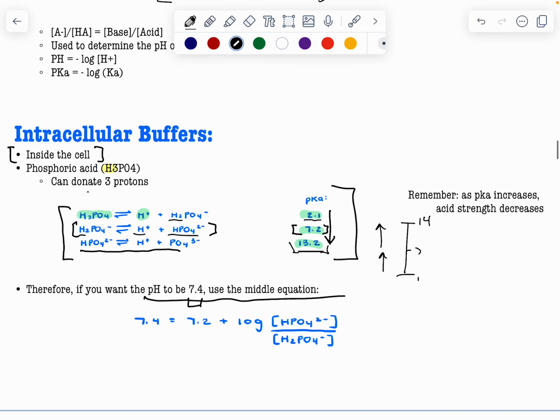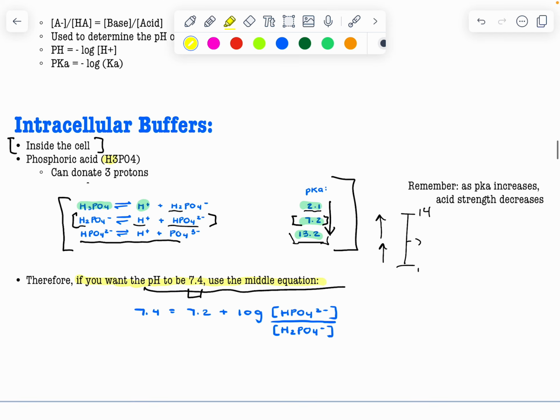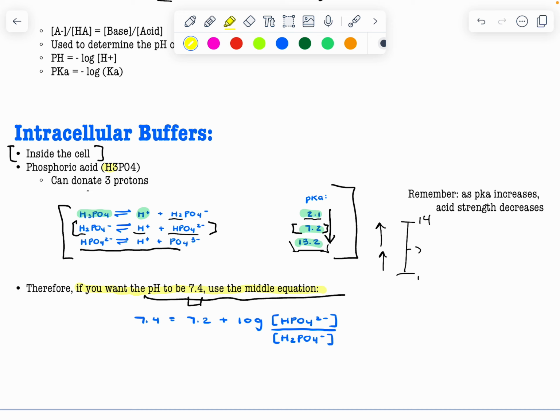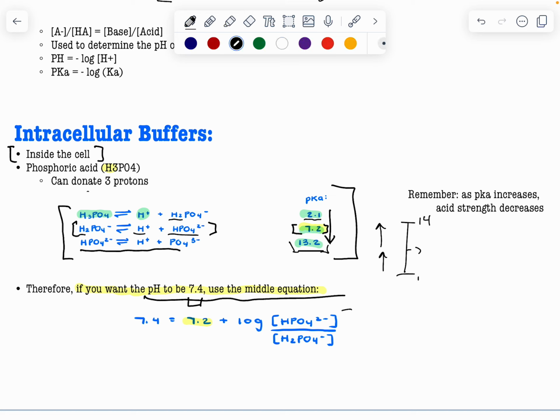And then with this little example right here, if you want a pH to be 7.4, and I guess you're throwing in intracellular buffers, and you want a desired pH around 7.4, it's a lot easier to get to 7.4 using a pKa around 7.2 already, because this little component right here is basically representing how much base we have in a solution and how much acid we have in a solution together.